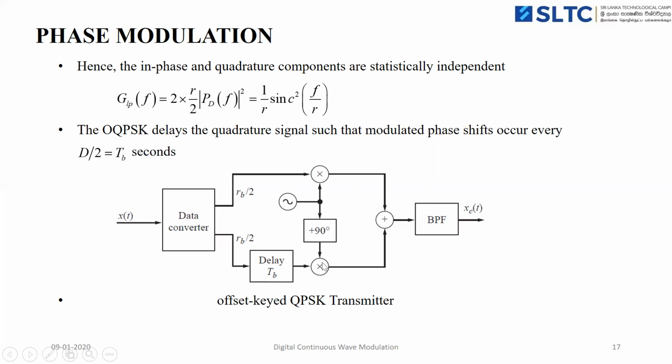The delayed signal is multiplied with the carrier signal, then it will be added so that we are generating the offset keyed QPSK modulated signal.